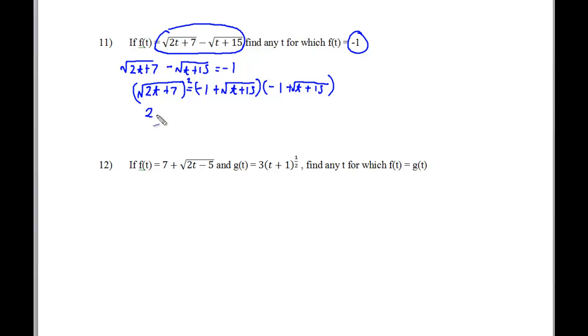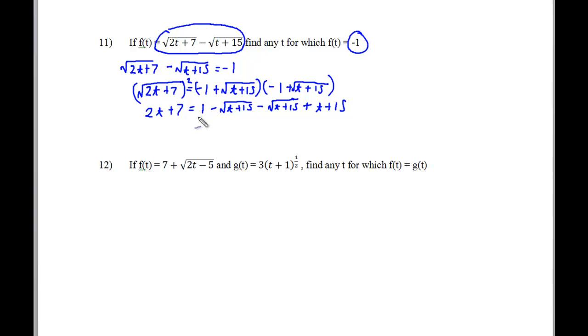So this becomes 2t plus 7, because the square root of something squared is itself. Negative 1 and negative 1 make positive 1. Negative 1 and this make negative square root of t plus 15. Negative in this is another negative square root of t plus 15. And then finally, if I square this and this is going to be just t plus 15.